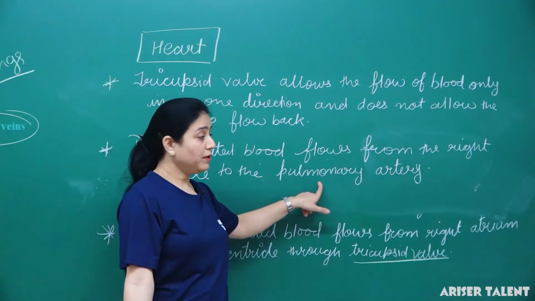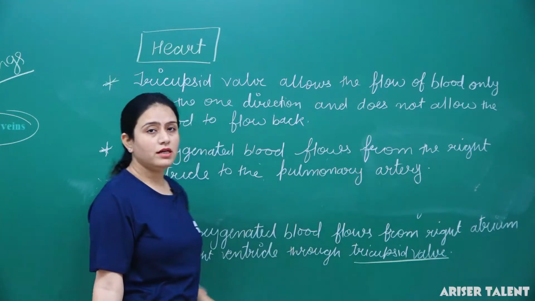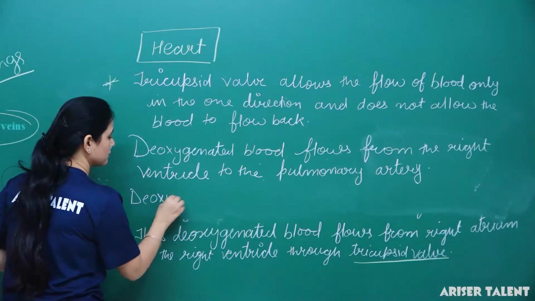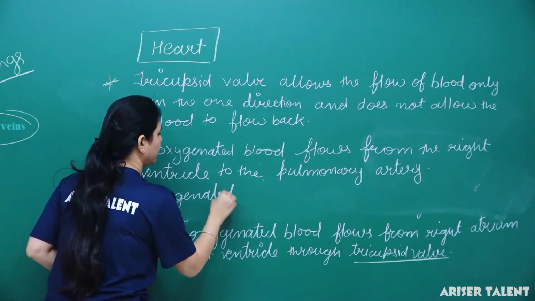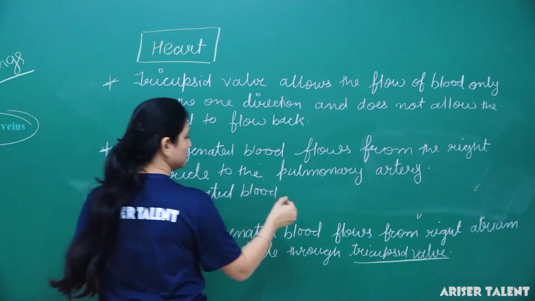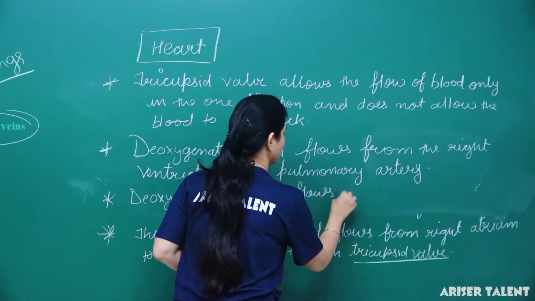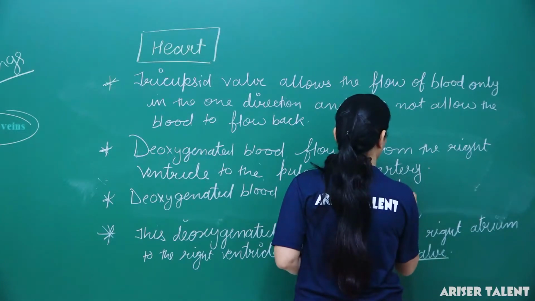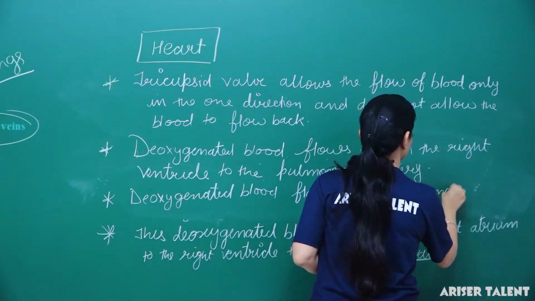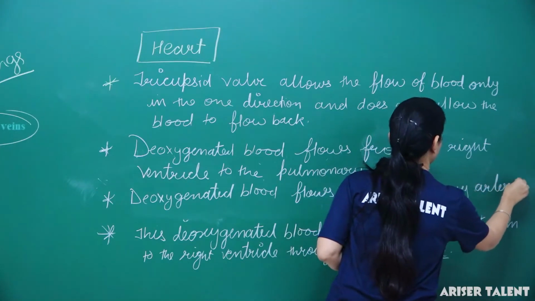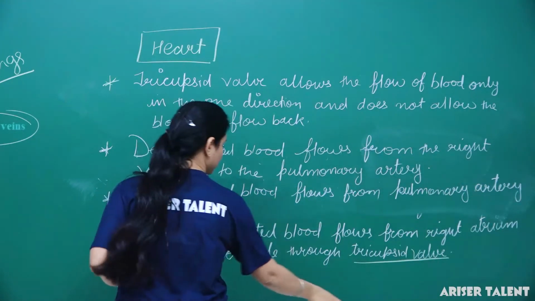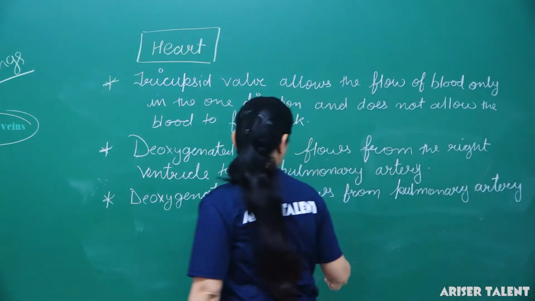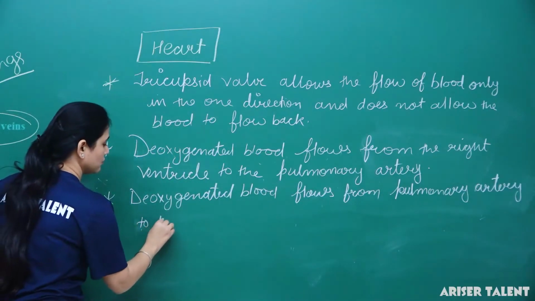Now this blood goes from the pulmonary artery to the lungs. Let me mention, deoxygenated blood flows from the pulmonary artery to the lungs.